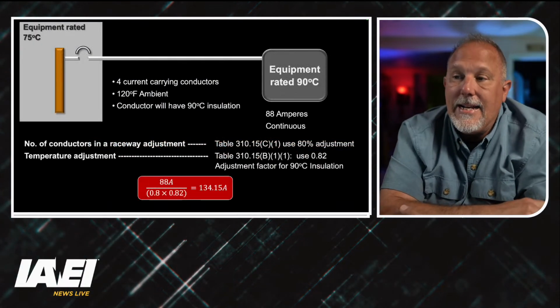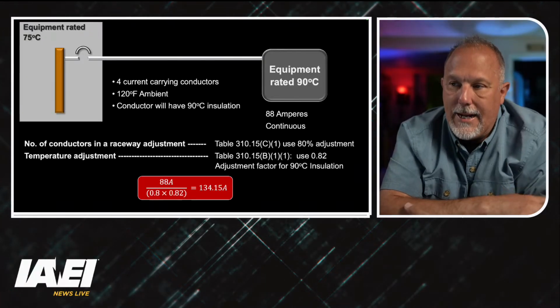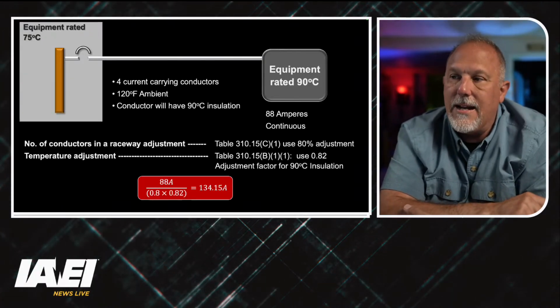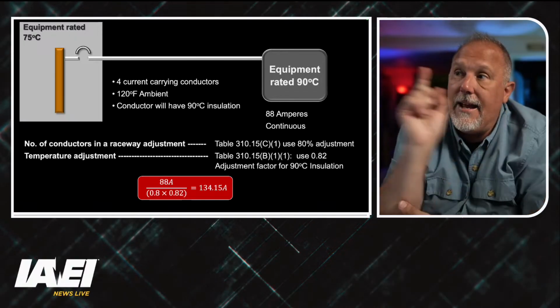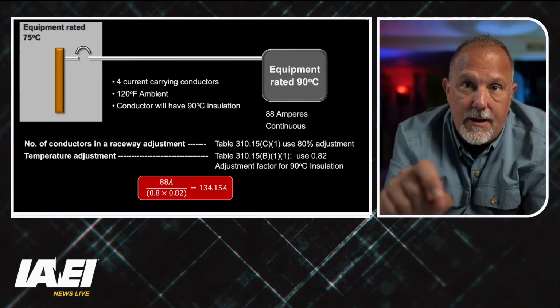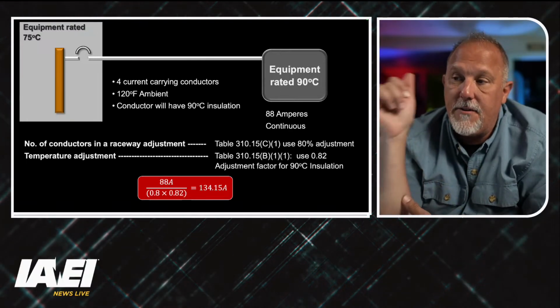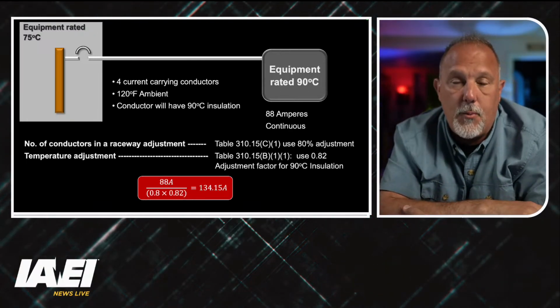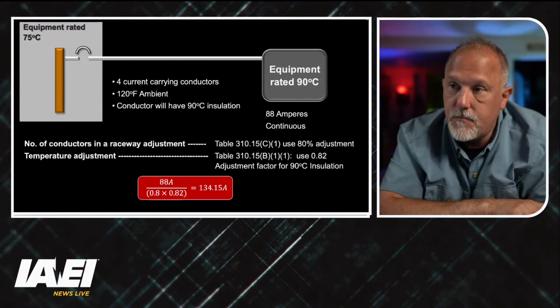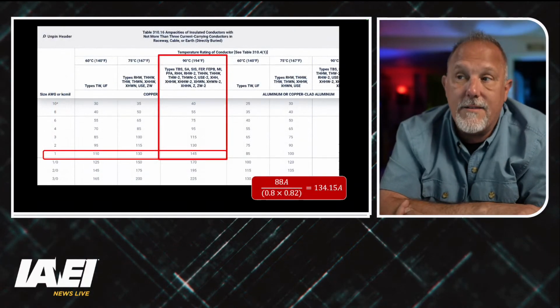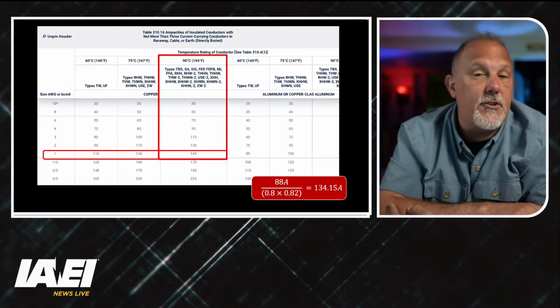I take my 88 amps, I divide that by 0.8, divide that by 0.82, and I have 134.15 amps. My conductor ampacity that I select has to be greater than or equal to 134.15 amps. So what conductor gets me that?